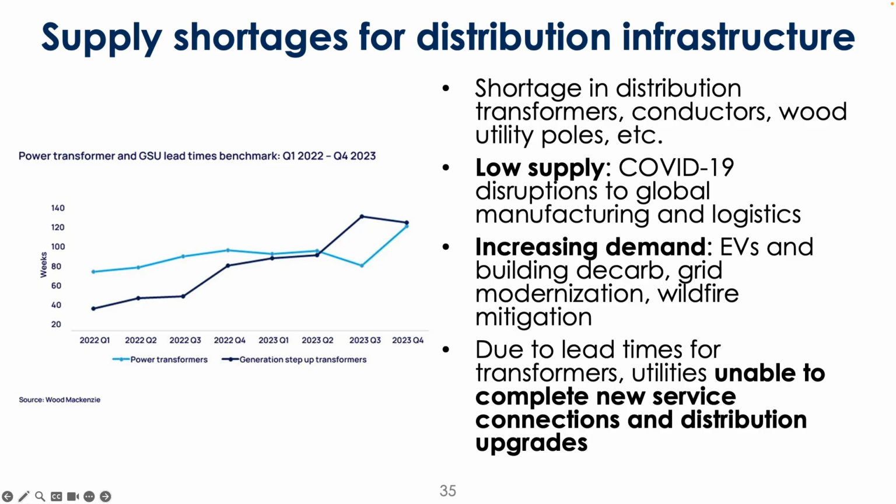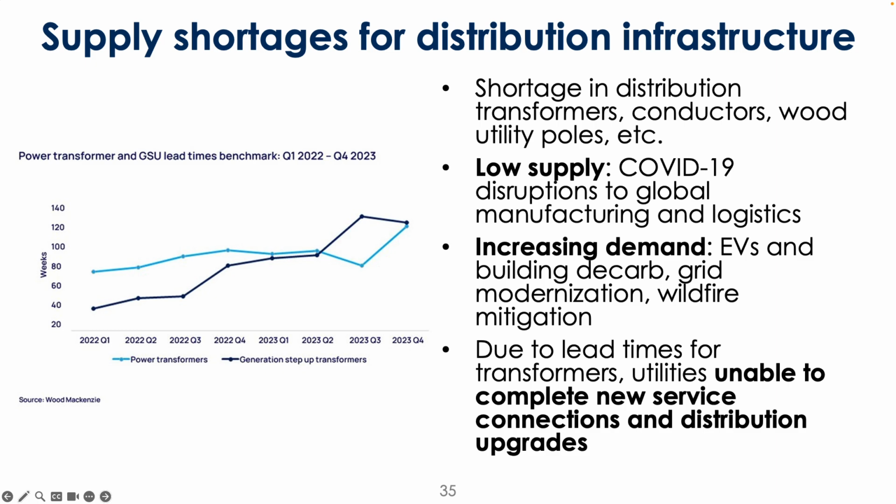I mentioned the costs skyrocketing in recent years. This was a shortage in distribution equipment due to COVID disruptions in global manufacturing and logistics. This wasn't the only industry that suffered from this.